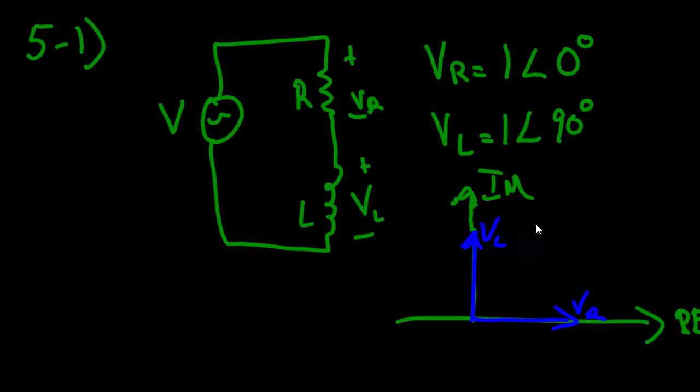We know that this VR vector is only contained on the real axis, so there's no imaginary component at all. So we can represent VR as 1 plus 0j. Make sense? Because there is no imaginary part.